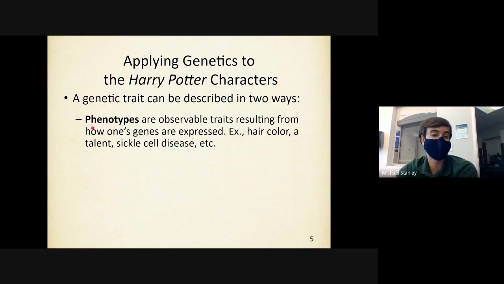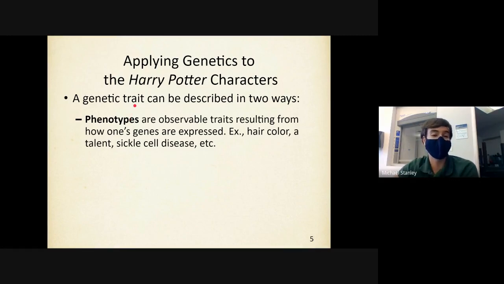So phenotype because it's physical. So what somebody looks like, what their hair color is, what their eye color is, if they have freckles, if they have dimples, or if they have a hitchhiker's thumb. These are the phenotypes. These are things that you can see or observe about a person. You can see their traits.